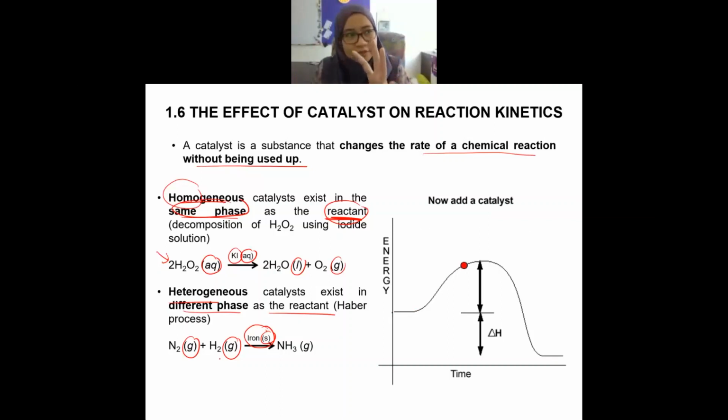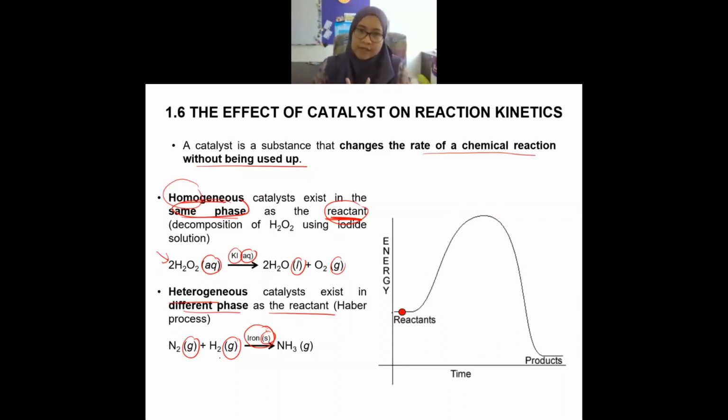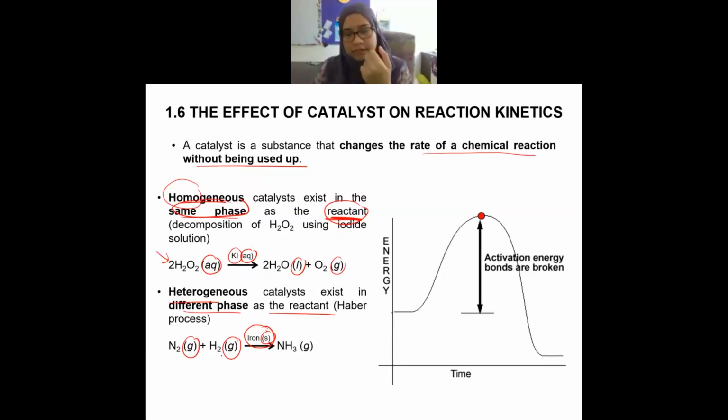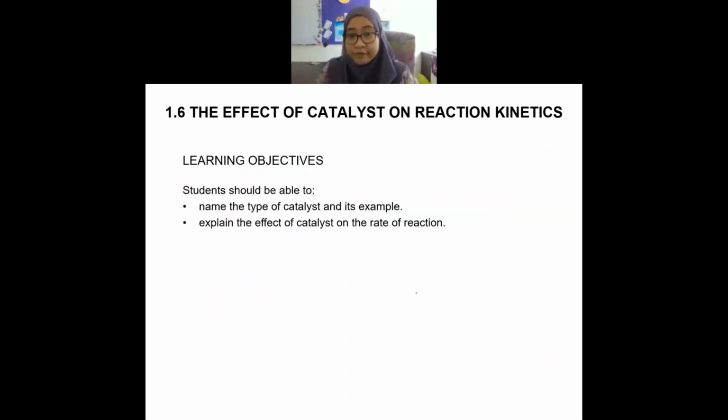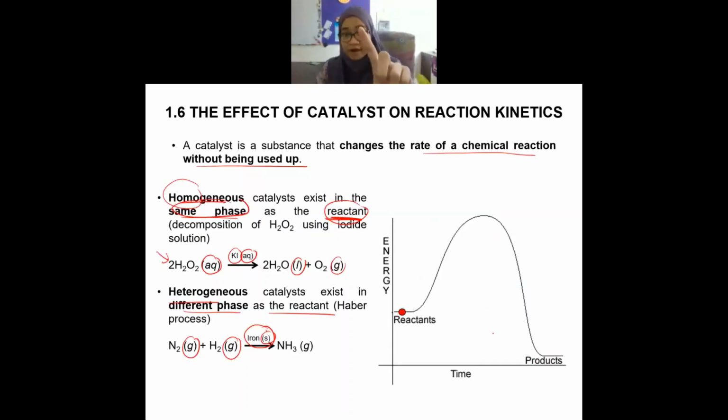So how does a catalyst act? How does the catalyst function? Okay, yes, we know it increases the rate of reaction, but how? Imagine, this is the normal energy profile diagram, where we have a very high EA there.